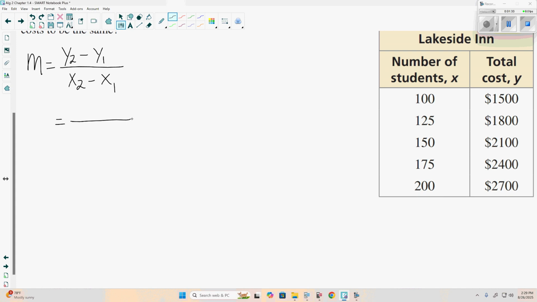Now we need a Y value. Pick one of the Y values. 1,500 minus... so we do have the Y2 and the Y1, so 1,500 over 100, those correspond to each other.